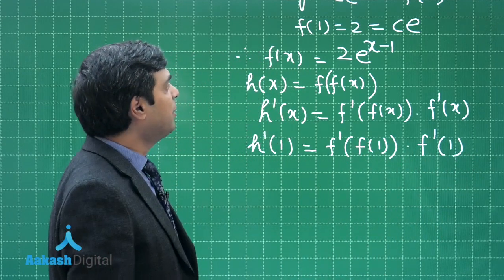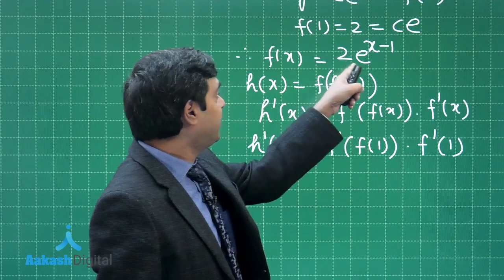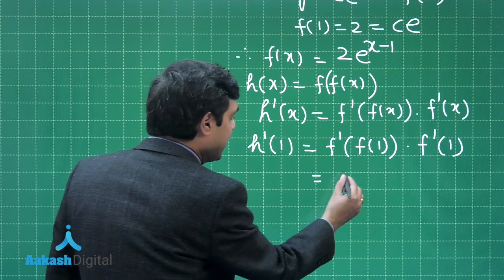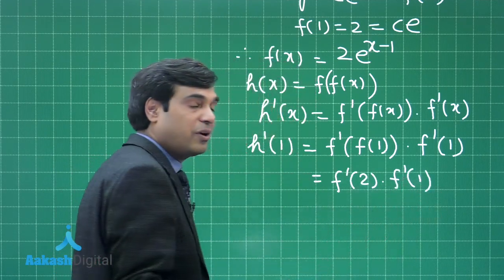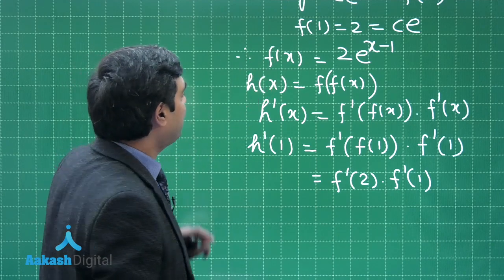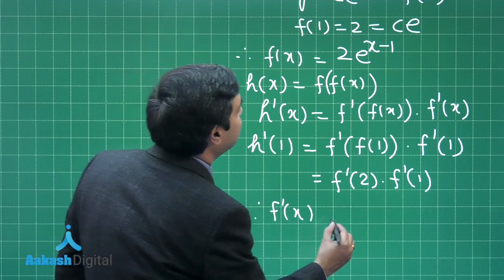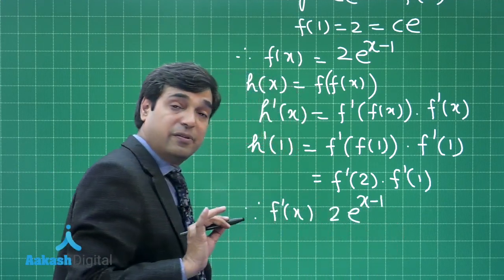Now, what is f(1)? When you substitute here x is equal to 1, you can get the value as 2, also it is given in the question itself. So, this is f dash 2 into f dash 1, what we are looking for. Find the derivative of the function, f dash x, it is 2 e to the power x minus 1 itself.